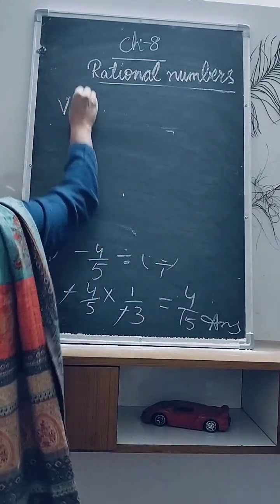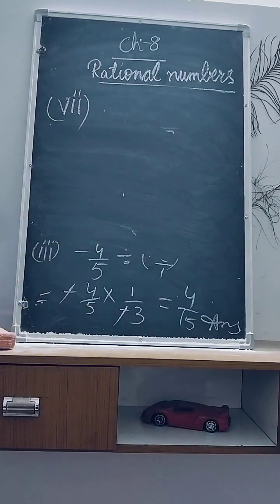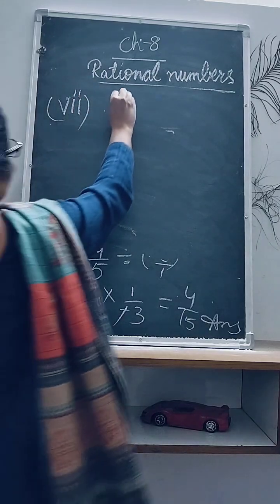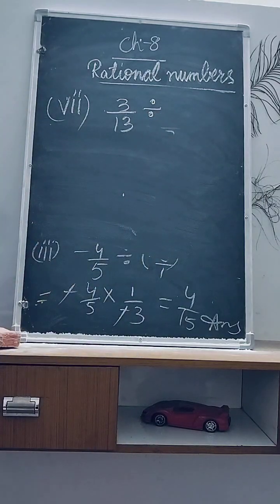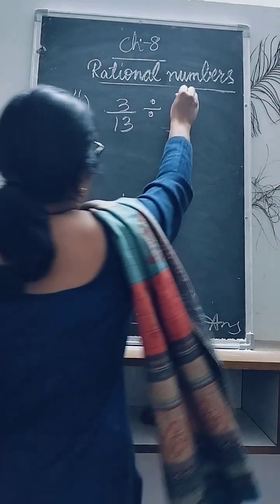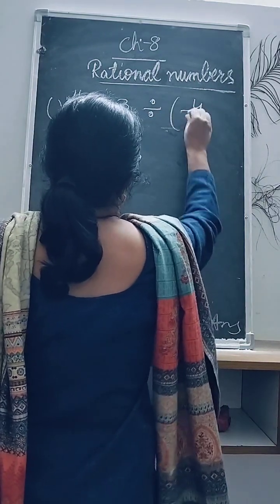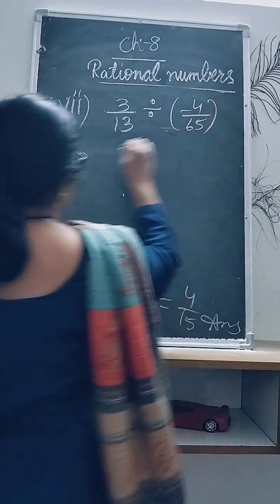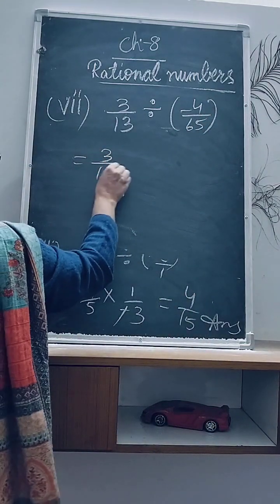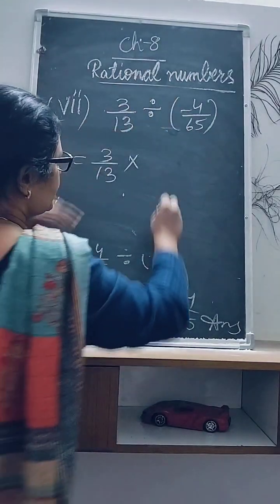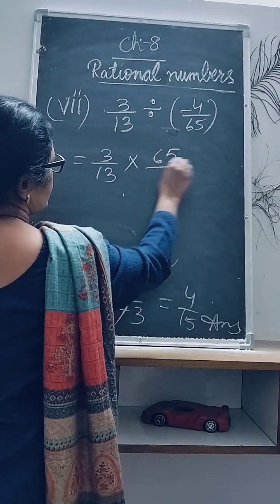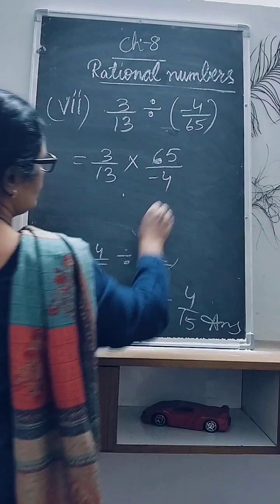7th part. As here it is written 3 by 13 divided by minus 4 by 65. Okay. 3 by 13. Division will change into multiplication and it will reciprocate. 65 upon minus 4.